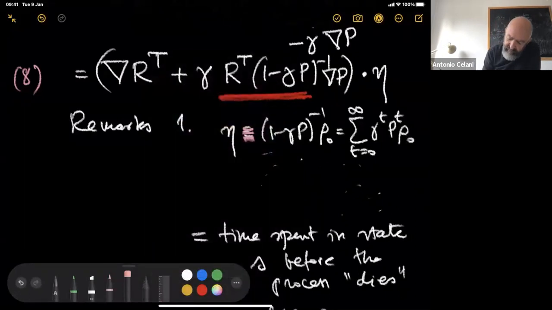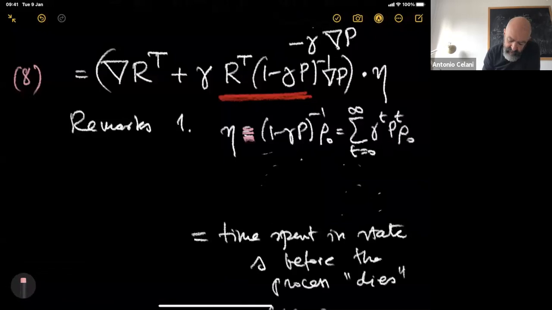So the component S of this column vector is the sum, t going from 0 to infinity, of gamma to the t.